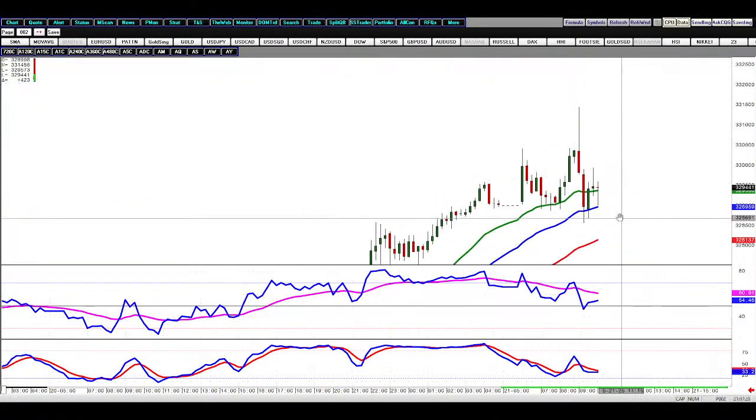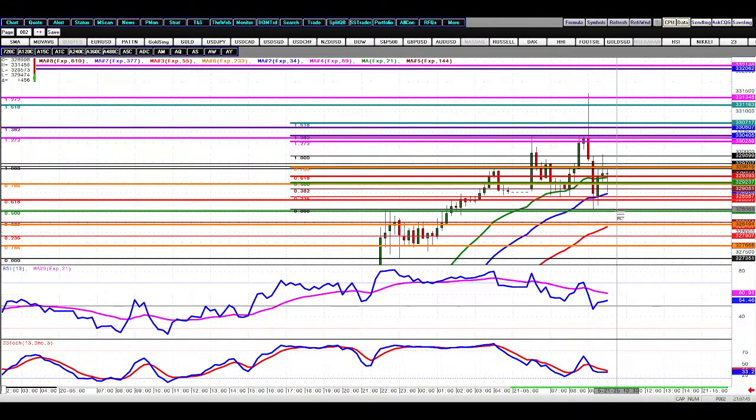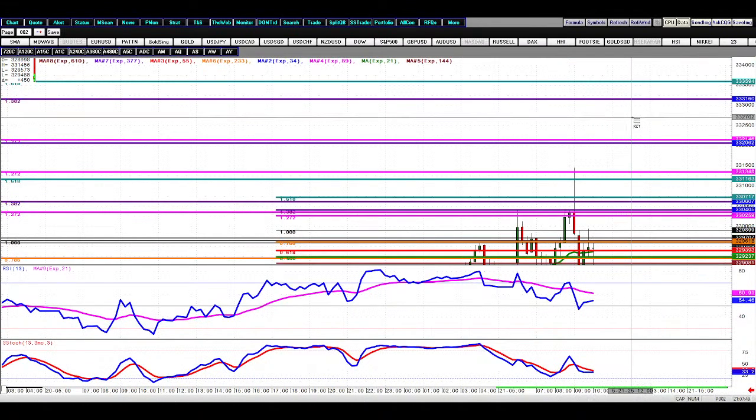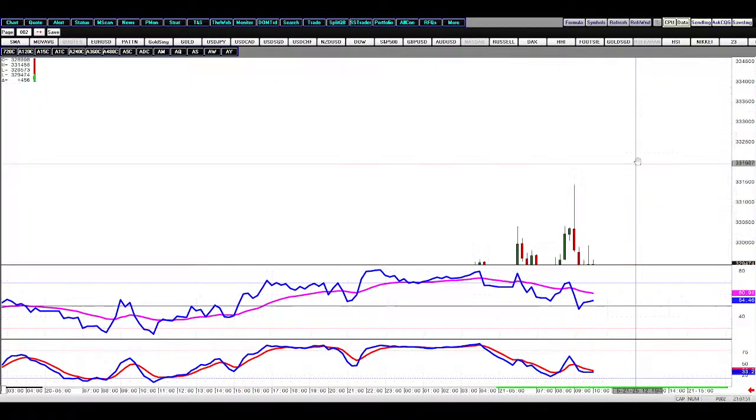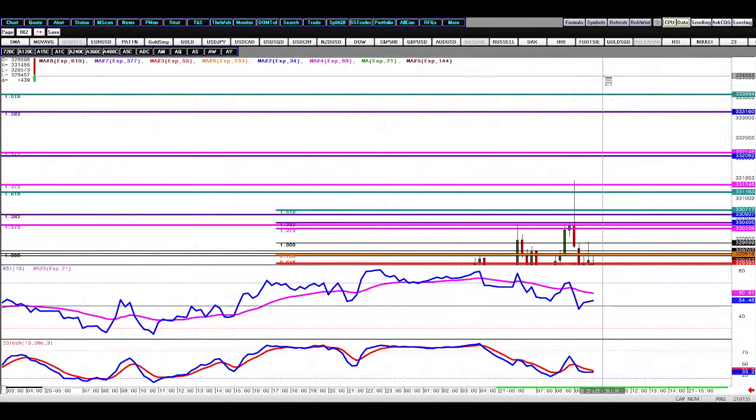On the other hand, alternatively, if 3304 or 3305 breaks, then the correction down, which is a very shallow correction, is over. Then we expect the price to push higher towards 3320, 3330, or 3350 max.